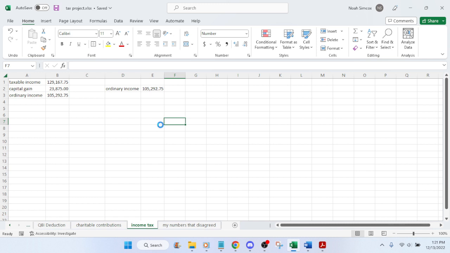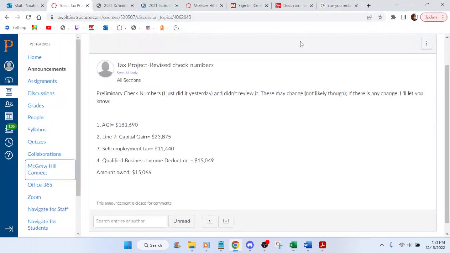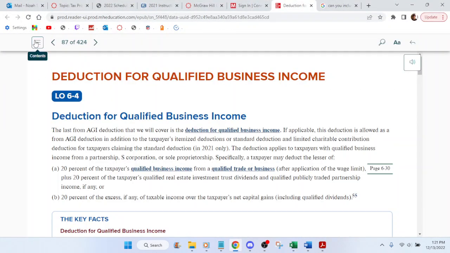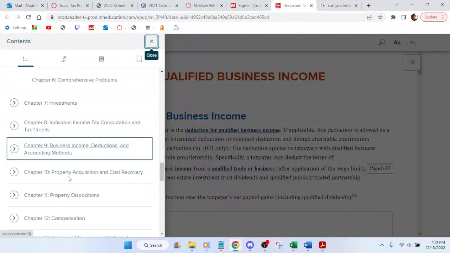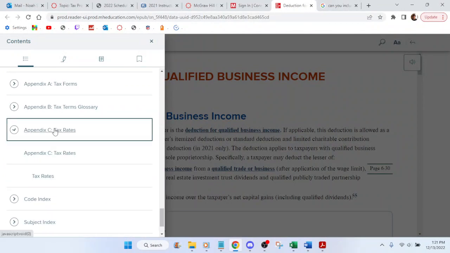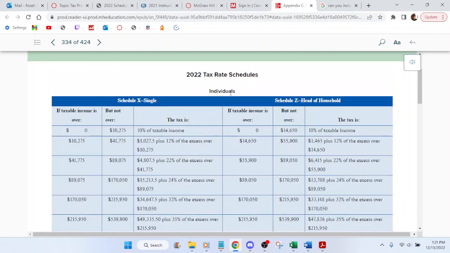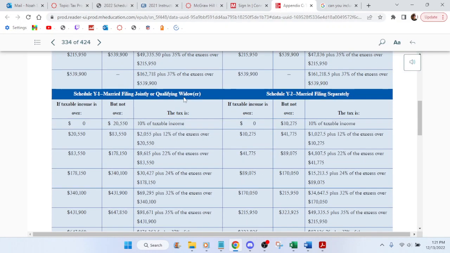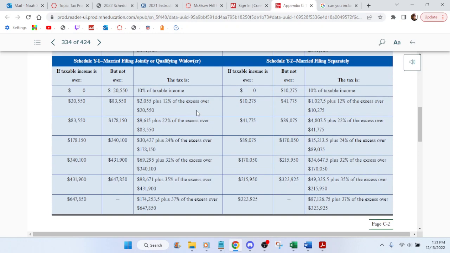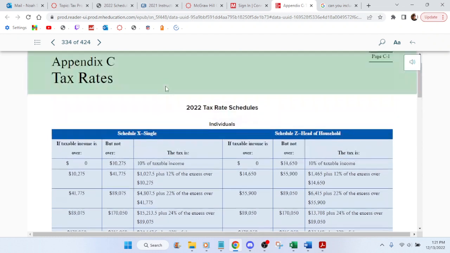Now we need to figure out the tax. So we will go to the tax rates here at the end of the book, and they are married, filing jointly.